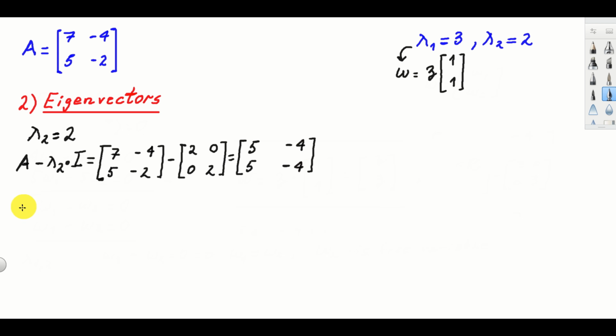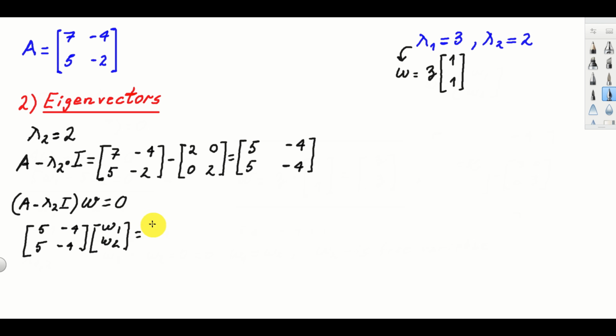Okay, so our system now looks like this. A minus lambda 2 multiplying I multiplying W is equal to 0. So the system becomes 5, minus 4, 5, minus 4 multiplying w1, w2 is equal to 0, 0.